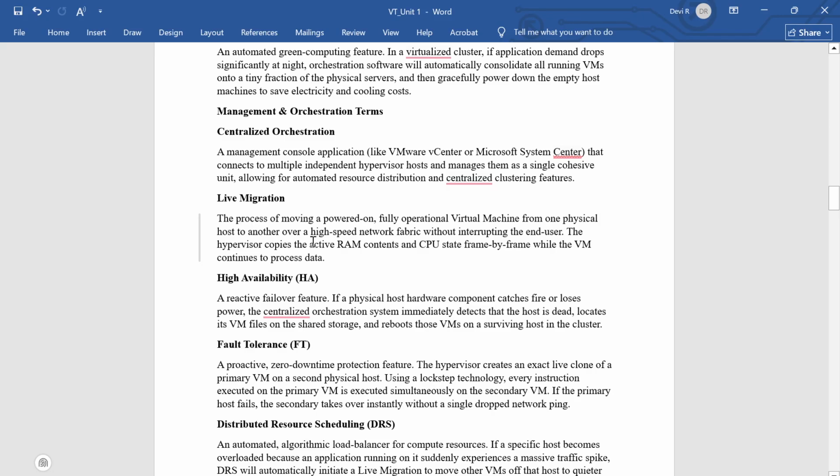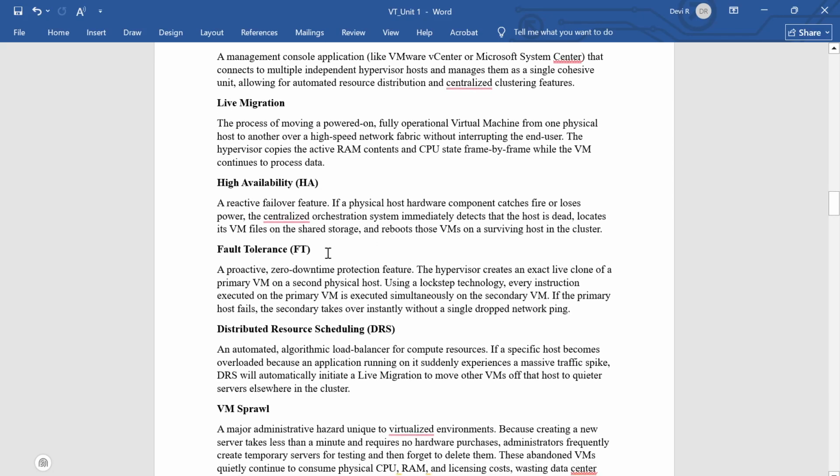So the hypervisor copies the active RAM content and CPU state frame by frame while the VM continues to process data.